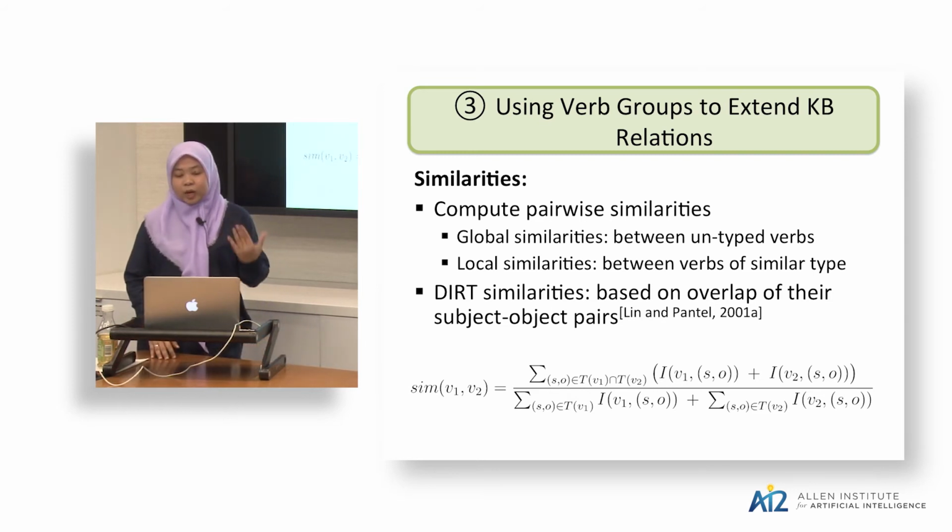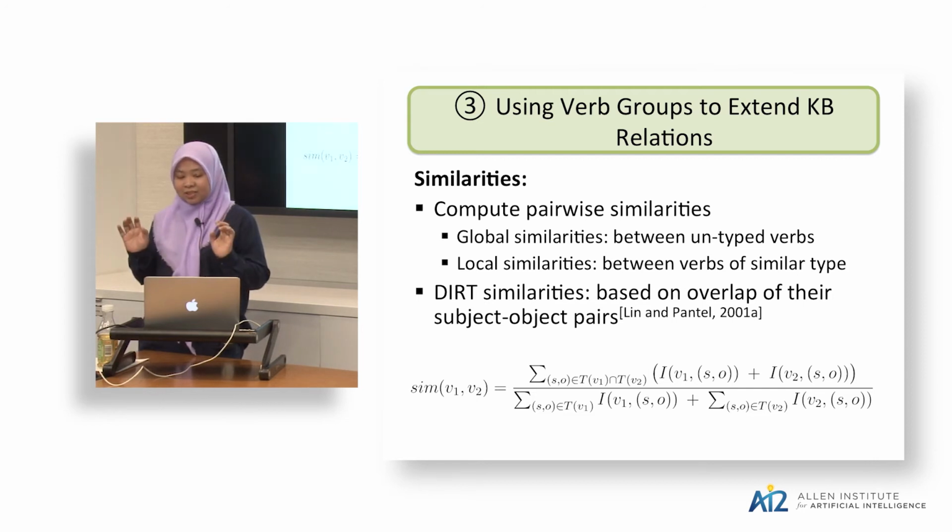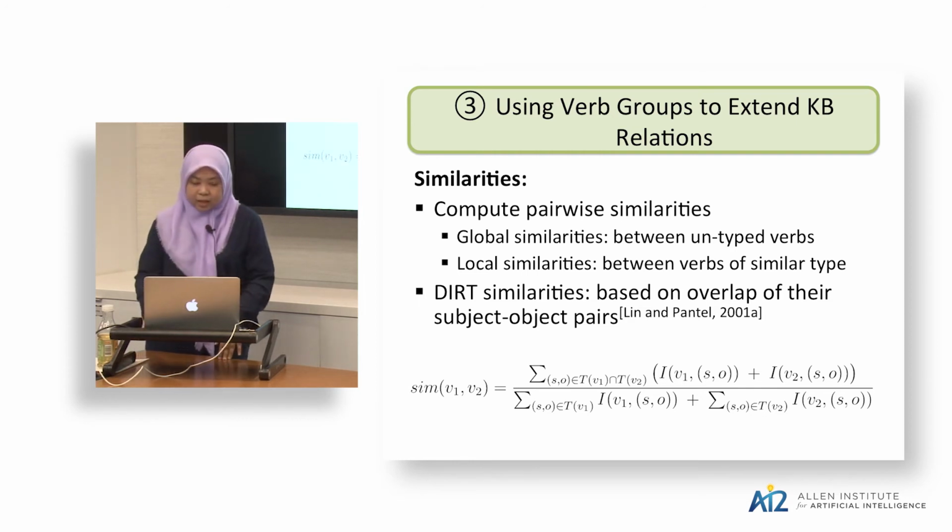Once we find the type signatures of verbs, we compute the pairwise similarities. We compute both the global similarities, which we define as the similarities between untyped verbs, and the local similarities, which are the similarities between verbs that have similar types.